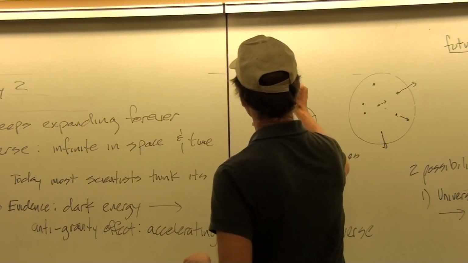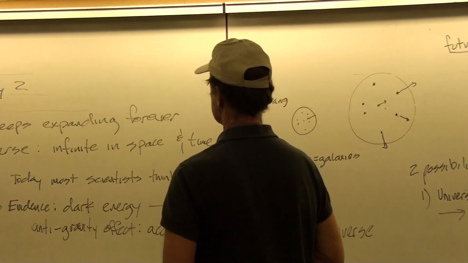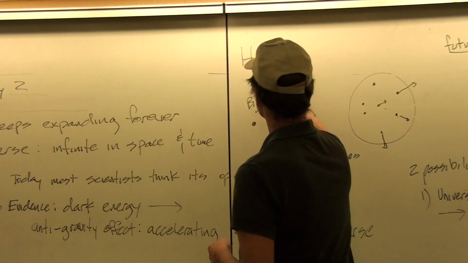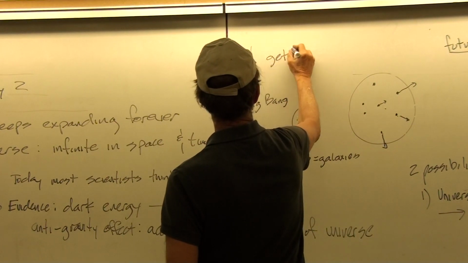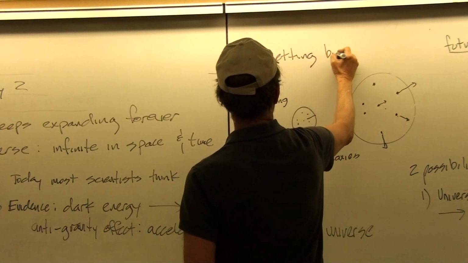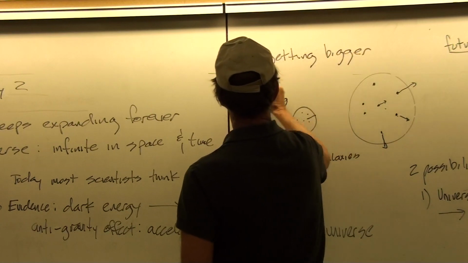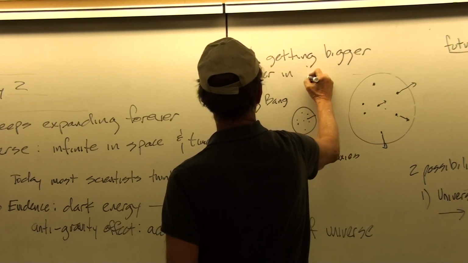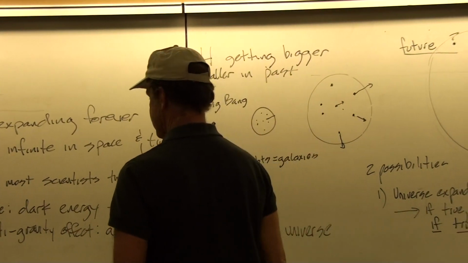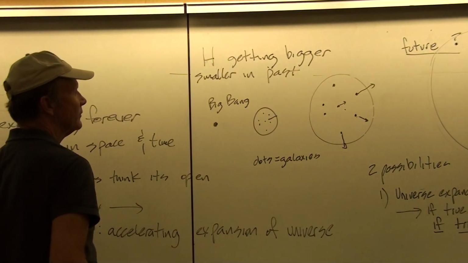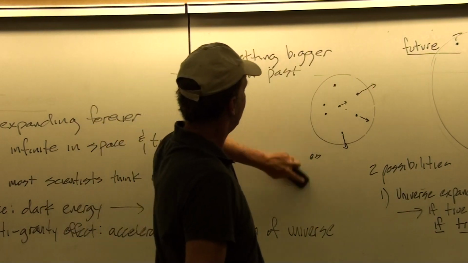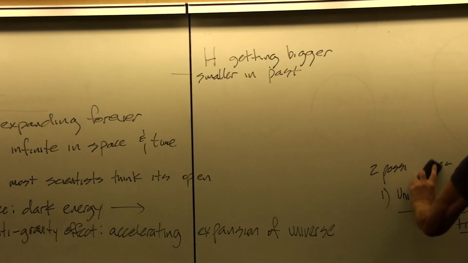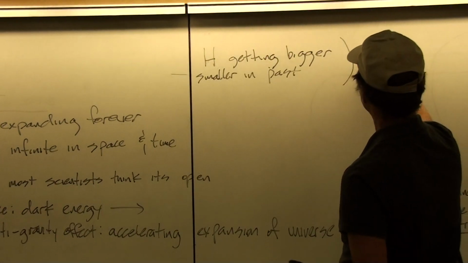But what they found is that the Hubble constant was smaller in the past and is getting bigger. Which means that it was smaller in the past. And so this was the opposite effect that they were looking for. They discovered this, and a lot of scientists backed it up, but what they were looking for was the exact opposite. They expected H would be bigger in the past.